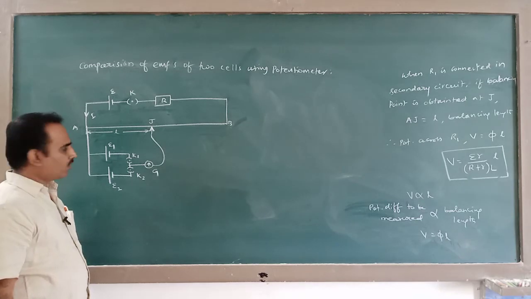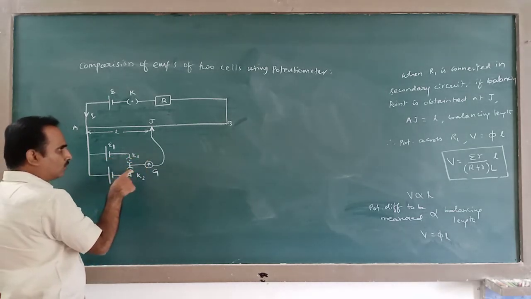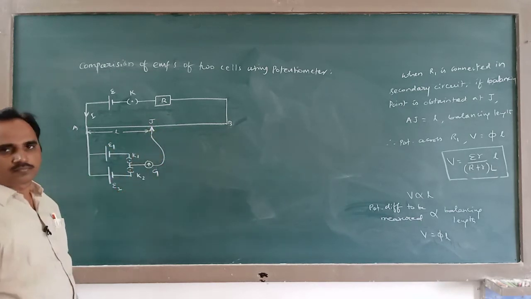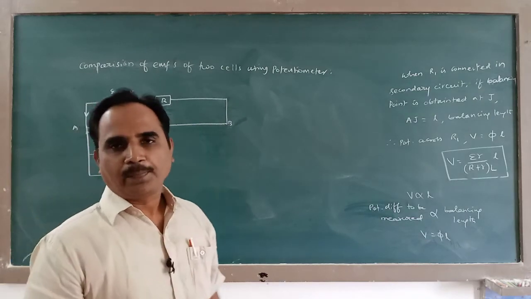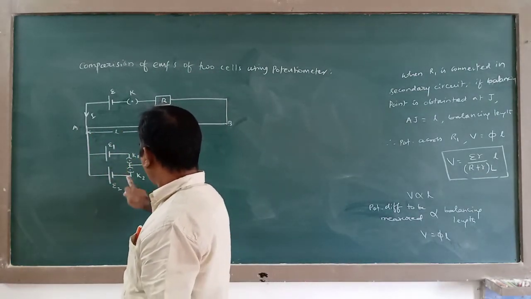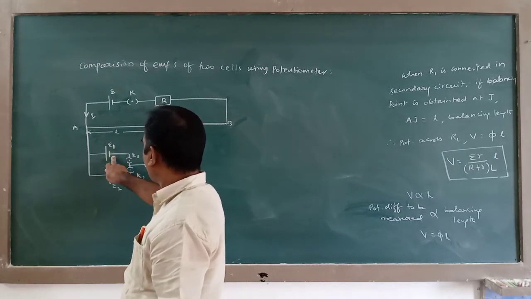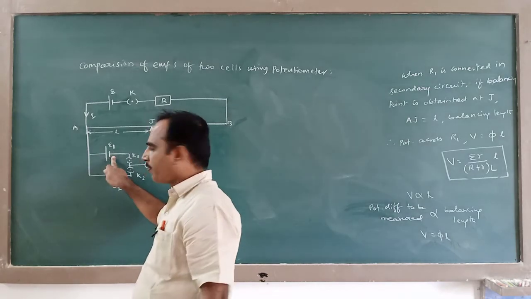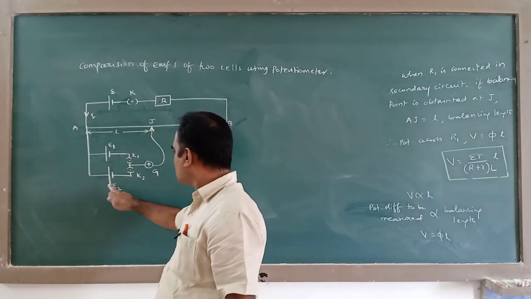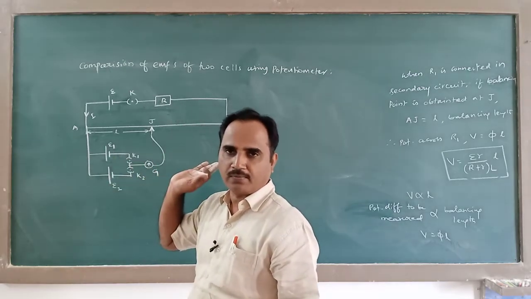Similarly, you open K1, close K2, and again check the circuit for opposite deflection. When K1 is closed and K2 is open, only the cell of EMF E1 is included in the circuit. When K1 is open and K2 is closed, only the cell of EMF E2 is included and E1 is excluded.